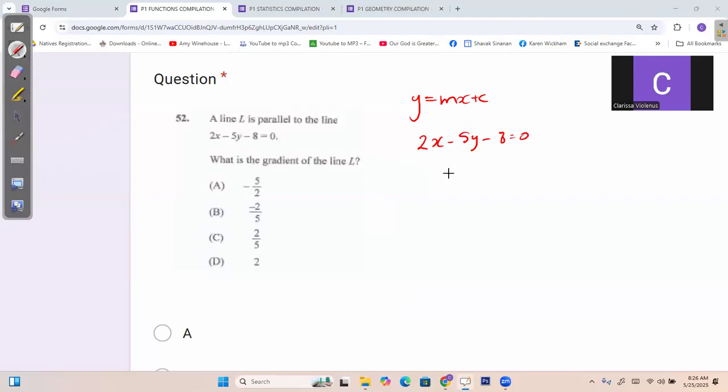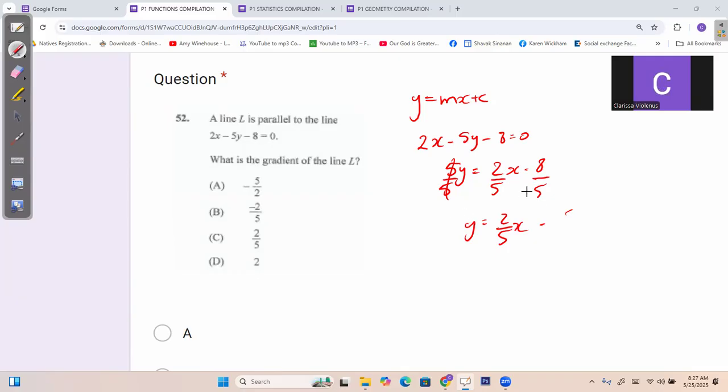The smartest thing to do, to be honest, is to move over the 5y because it's negative, so it can become positive. So 5y is going to equal 2x minus 8, but we don't want anything in front of the y, so we divide everything by 5. So y is equal to 2 over 5 x minus 8 over 5.